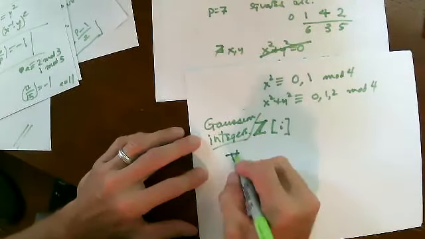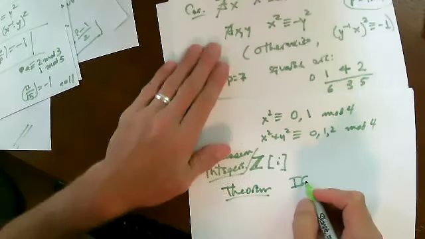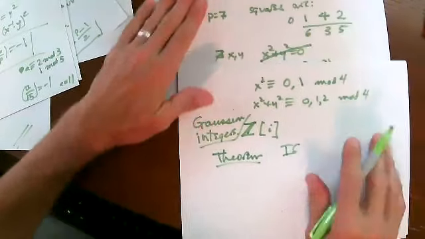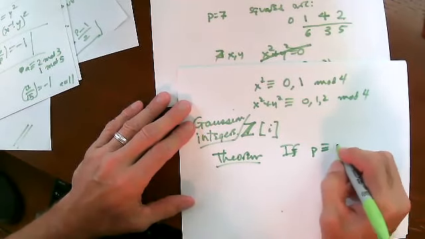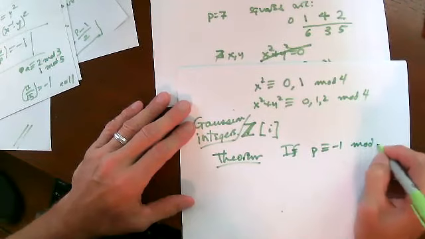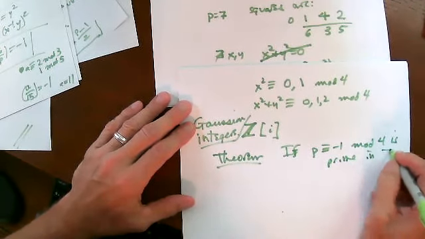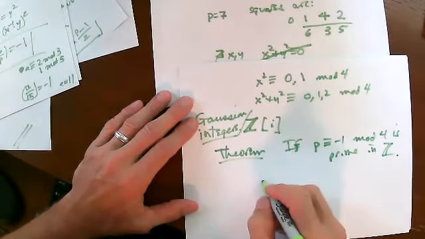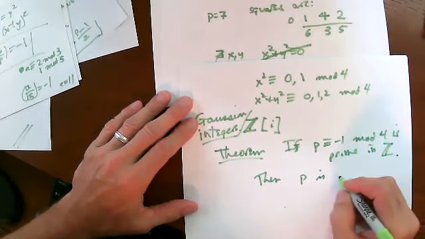So I'm going to write that in as a theorem. All these last two pages have been about primes that are 1 less than a multiple of 4. If p is congruent to -1 mod 4 and is a prime in the ring of integers, then it's also a prime in the Gaussian integers.